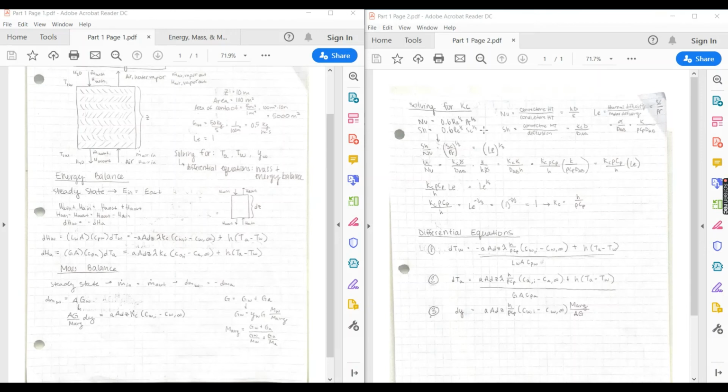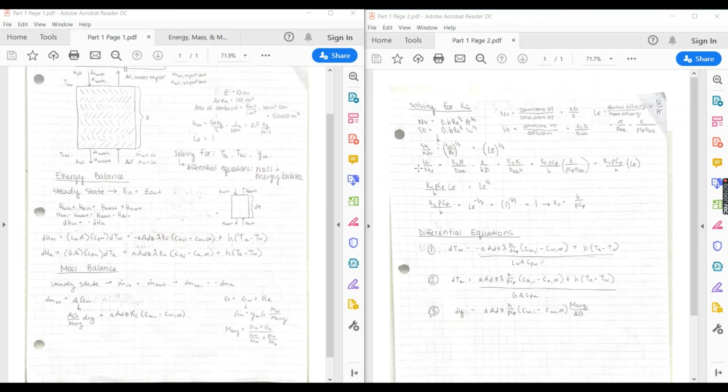And we know that the Lewis number, which is the ratio between the thermal diffusivity and the molar diffusivity, is the ratio between the Schmidt number and the Prandtl number. So if in this problem the Sherwood number divided by the Nusselt number is equal to the Schmidt number divided by the Prandtl number to the 1/3 power, this means that this ratio is also equal to the Lewis number to the 1/3 power.